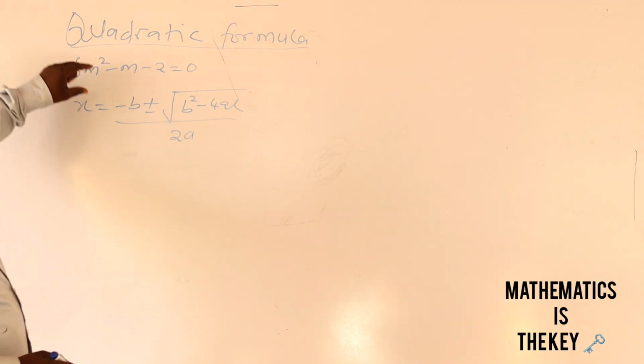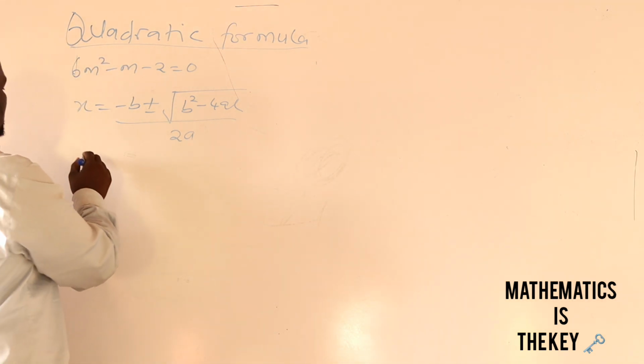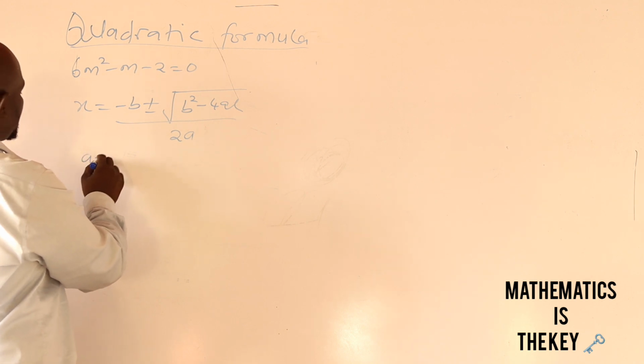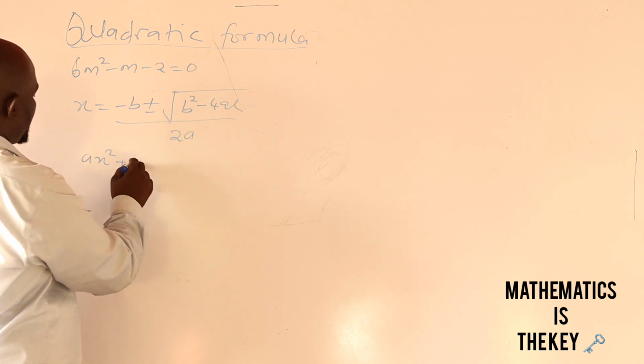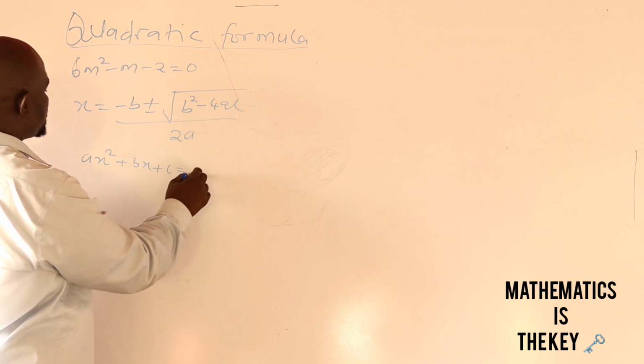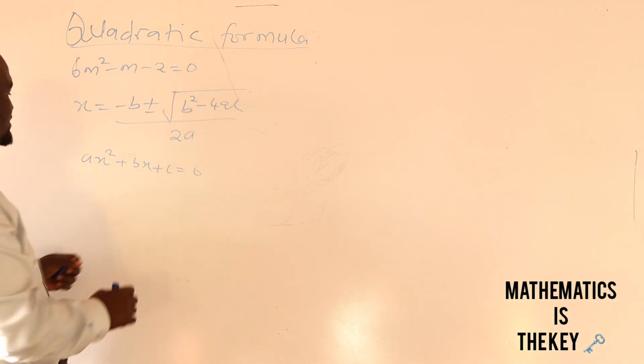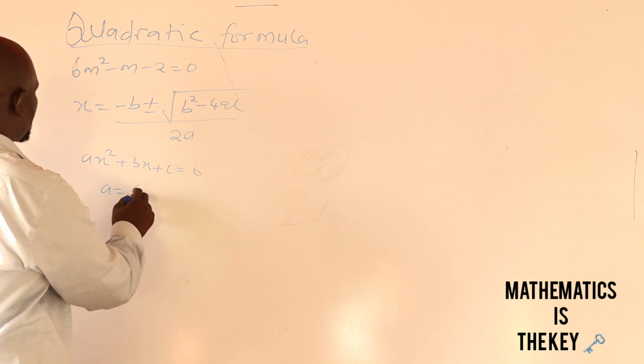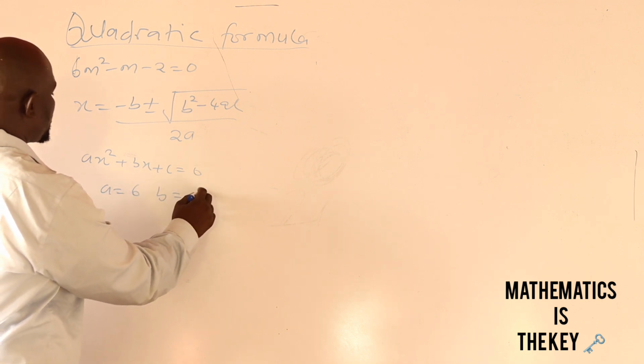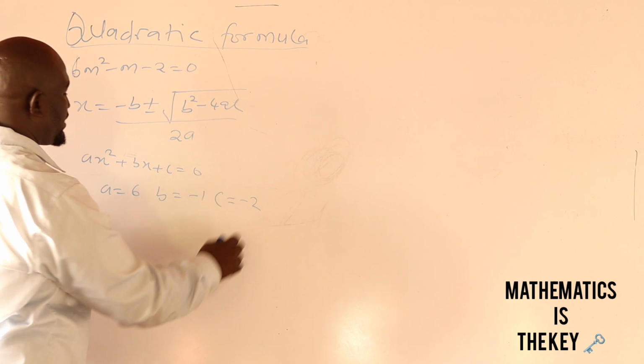If we compare the equation given to us with the general form of the quadratic equation, ax squared plus bx plus c is equal to 0, we will see that here a is equal to 6, b is equal to minus 1, and c is equal to minus 2.